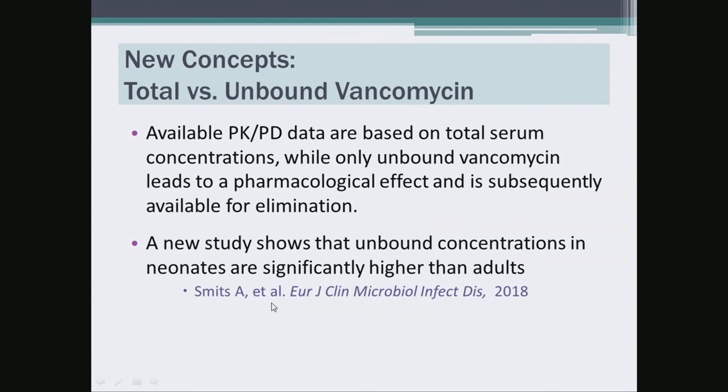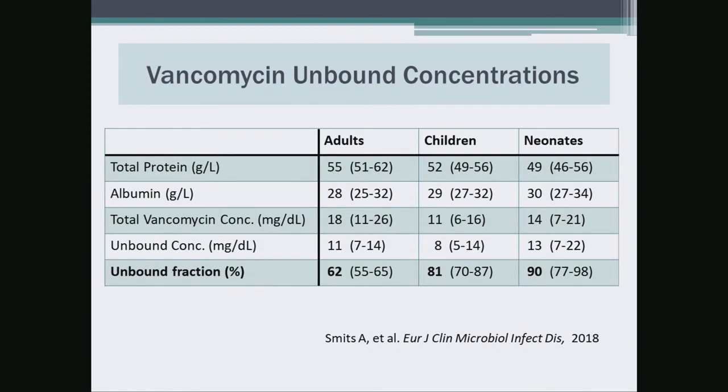A study published last year shows that unbound concentrations in neonates are significantly higher than in adults, and we would predict this based on the fact that neonates have less protein binding. In adults in this study, total protein levels were at this level, and the unbound fraction of vancomycin was a mean of 62%.